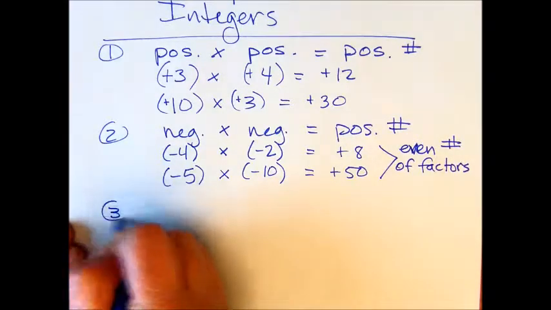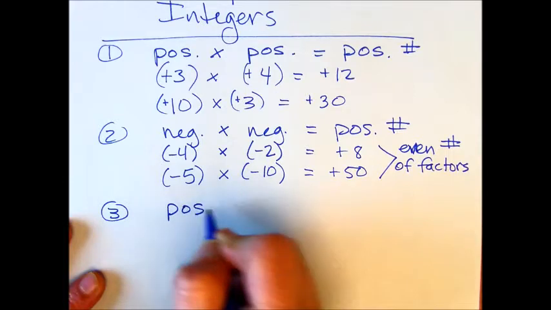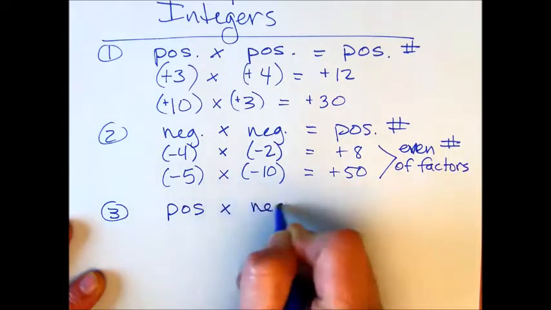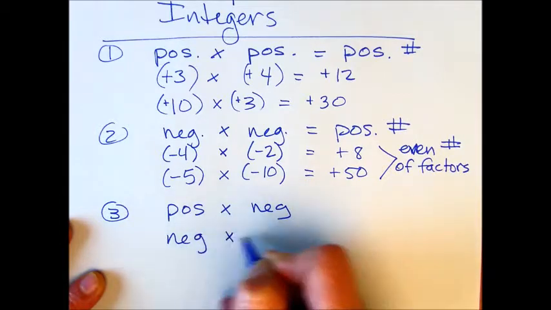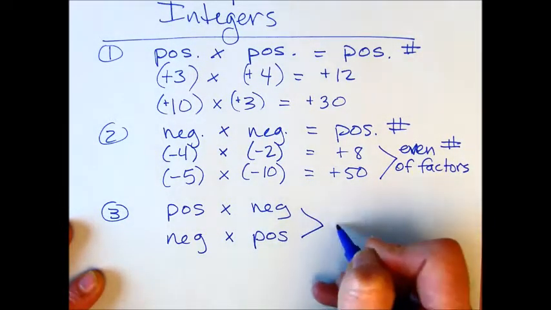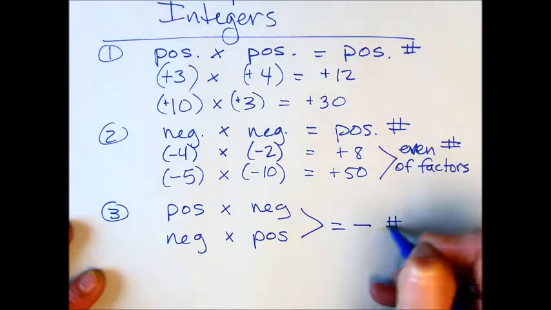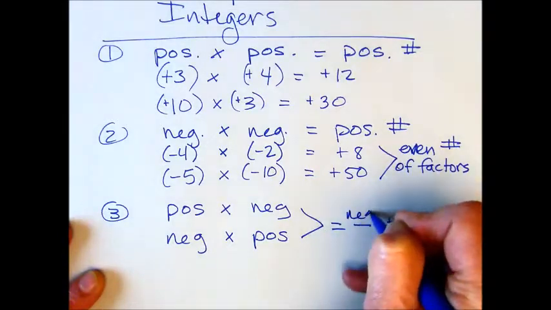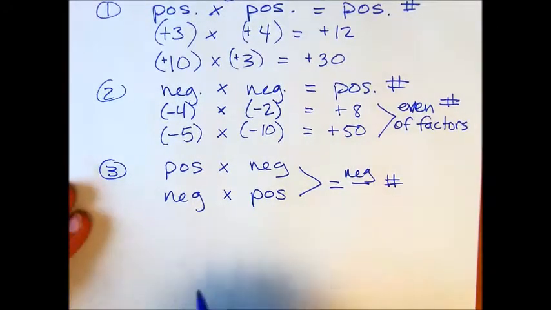So the third rule states that if you have a positive times a negative, or a negative times a positive, in both instances, that's going to equal a negative answer. So here's some examples.